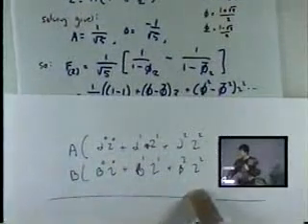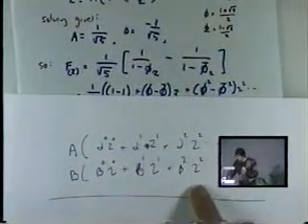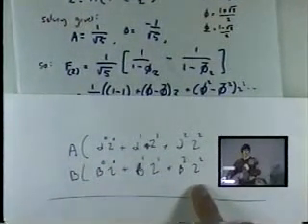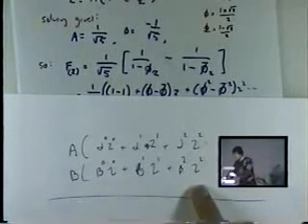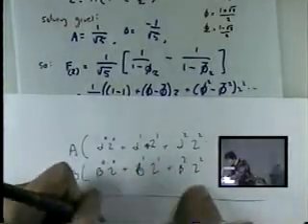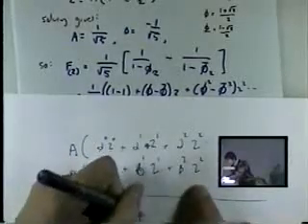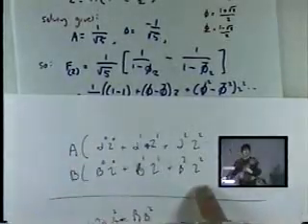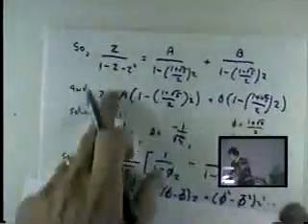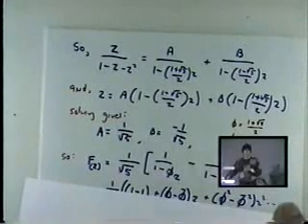So if this is true, what do we know that the value of the second Fibonacci number would be? It's got to be A times alpha squared plus B times beta squared, right? Because we said that this is the generating function for the Fibonacci numbers.